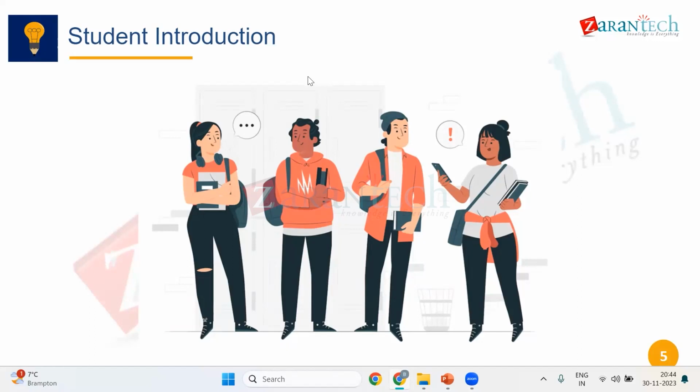But if they want to enhance their knowledge in FSEO, or they want to convert their career into techno-functional, who's already a technical consultant, want to convert to functional consultant, then it would be suitable for them.